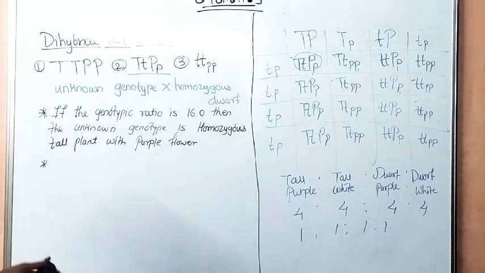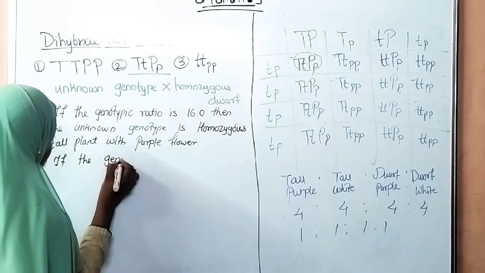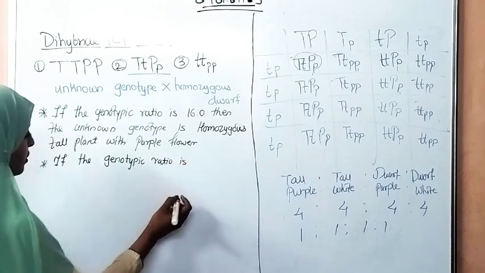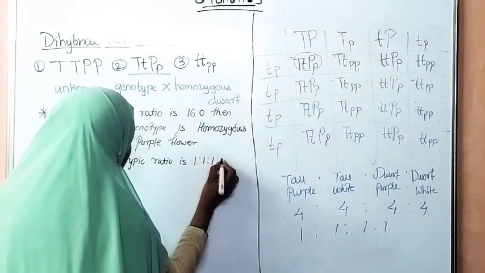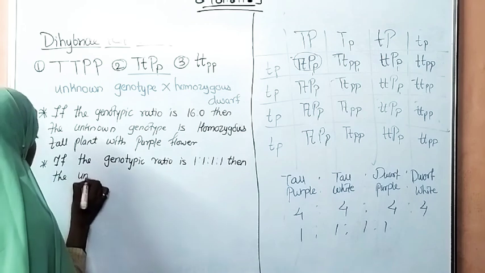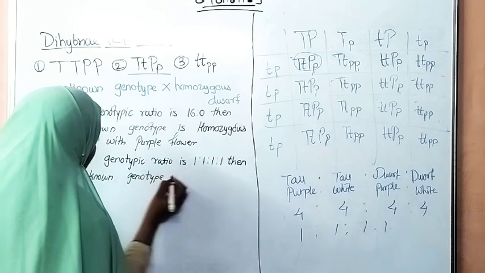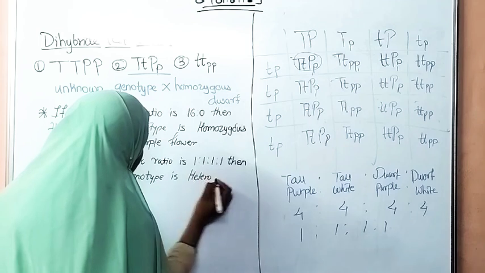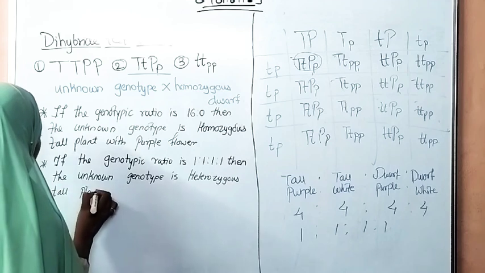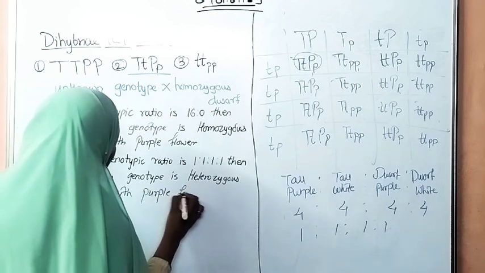So we write here: if the genotypic ratio is 1 to 1 to 1 to 1, then the unknown genotype is a heterozygous tall plant with purple flower.